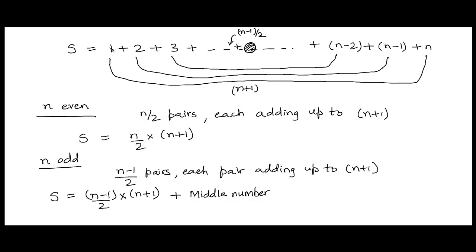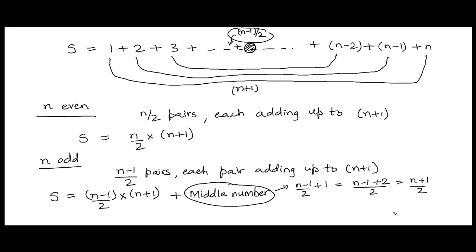So the first pair has a left endpoint 1, the second pair has a left endpoint 2, and so the n minus 1 divided by 2th pair would have a left endpoint of n minus 1 divided by 2. This means the value of the middle number would be 1 more than this value. So the middle number here would be n minus 1 divided by 2 plus 1, and that would be n minus 1 plus 2 divided by 2, and that's n plus 1 divided by 2.